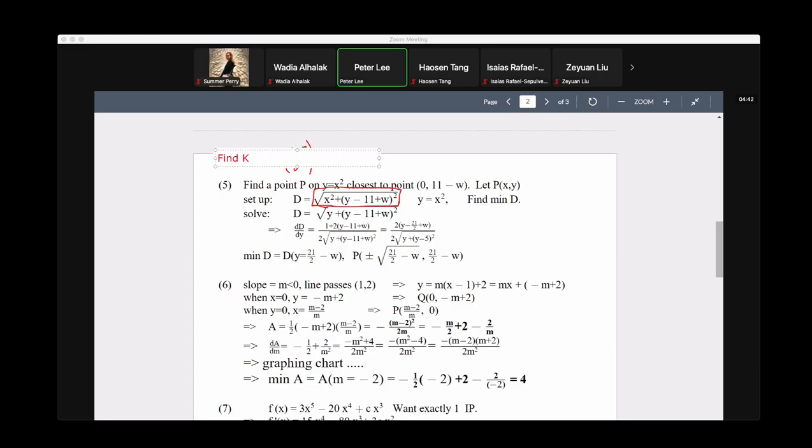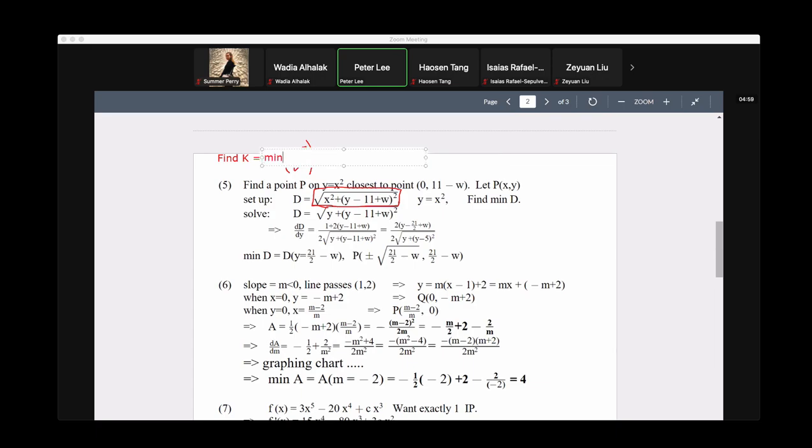How about let's say K is equal to D squared. You do this, and then you say find min K. Oh yeah, min D squared. So let me put D here.